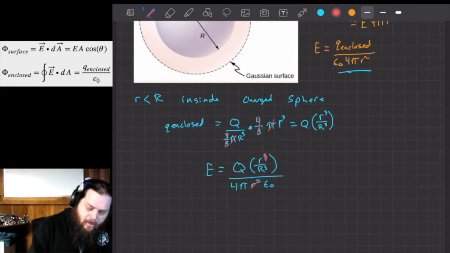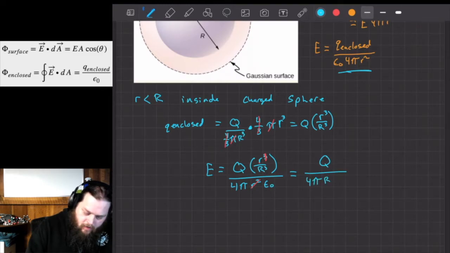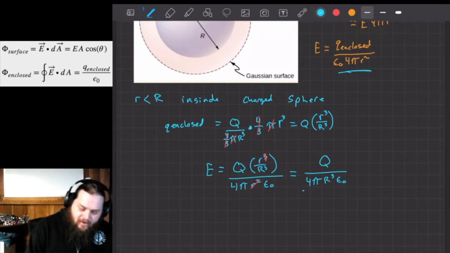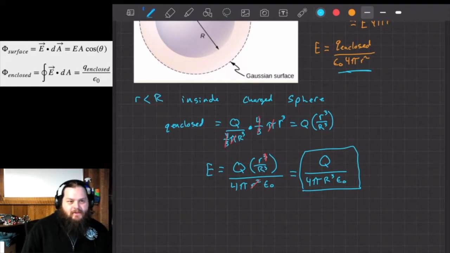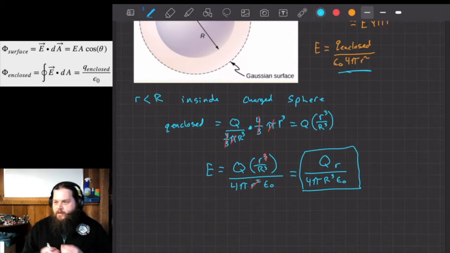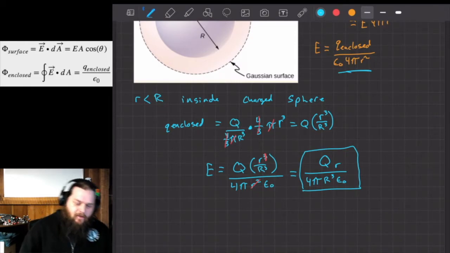We can also move that big R cubed down to the bottom to get Q little r over 4 pi big R cubed epsilon naught. And this is the formula we're going to use to solve some of these problems, because this is giving us that ratio between the Gaussian surface and this charged sphere itself.